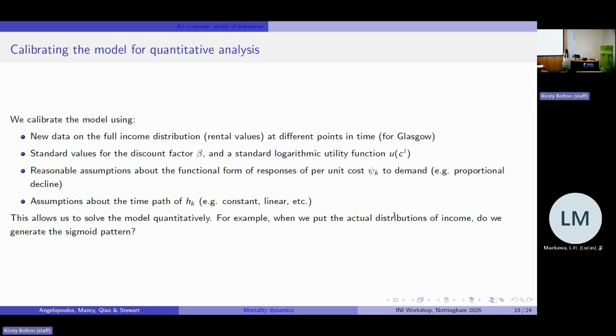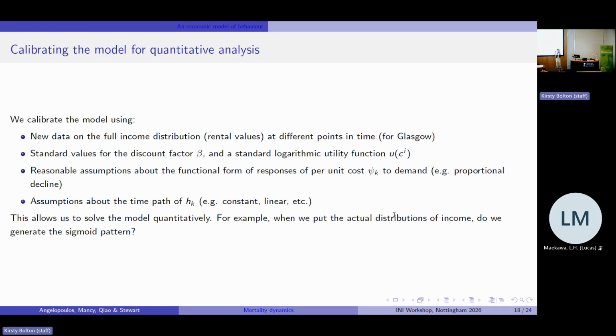And we try to make reasonable assumptions about the functional form of the response of per unit cost psi, the cost of adopting, as a response to demand, i.e. as a response to the proportion of people who opt in. So we might say it's a proportional decline. We just say it's proportional to the number of people who have adopted, the reduction in cost.